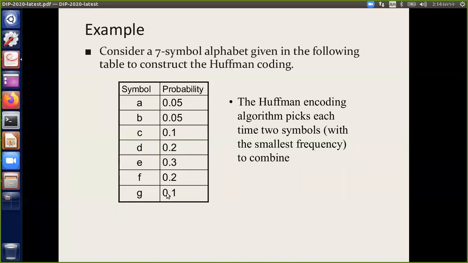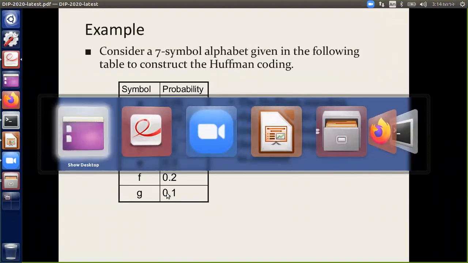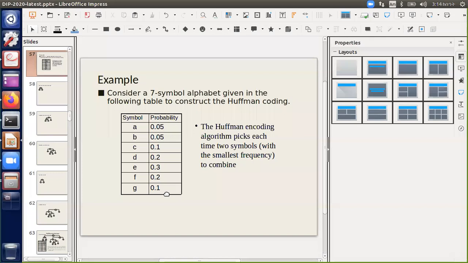The first thing is to create a forest of trees, so A is one tree, B is another tree, C is the third tree. Accordingly, we have 7 trees. Then we sort them based on their probability in increasing order. If you sort them in increasing order, A comes first. Of course, A and B have equal probability.